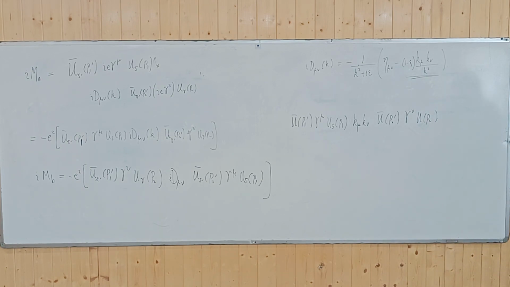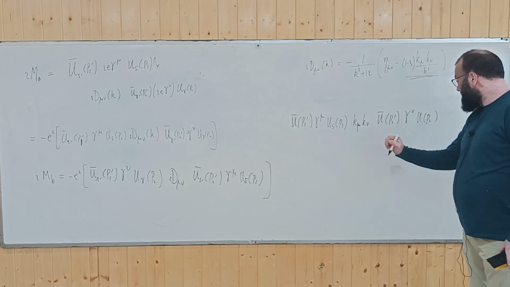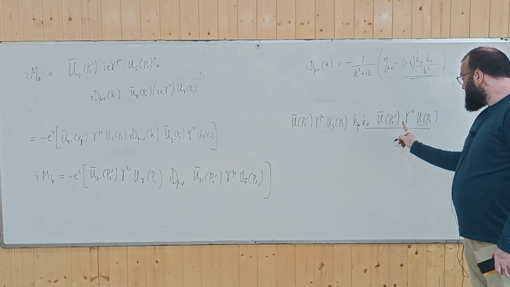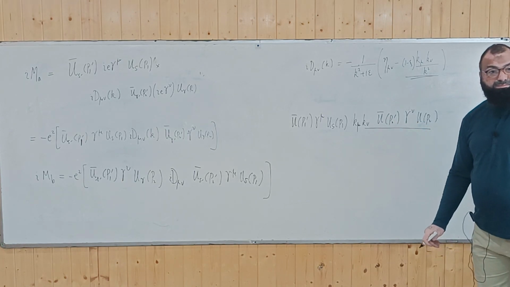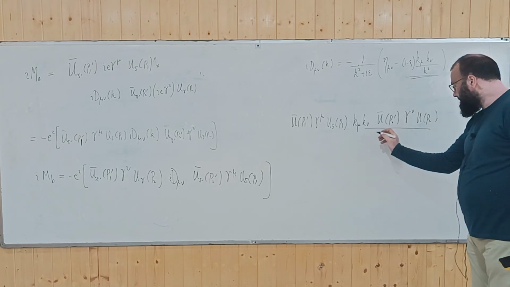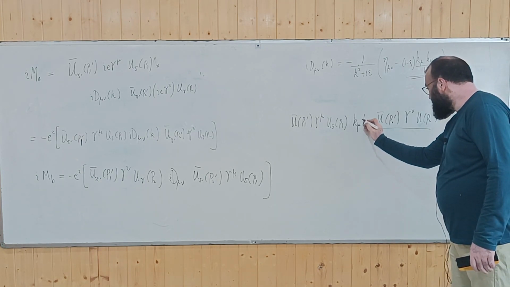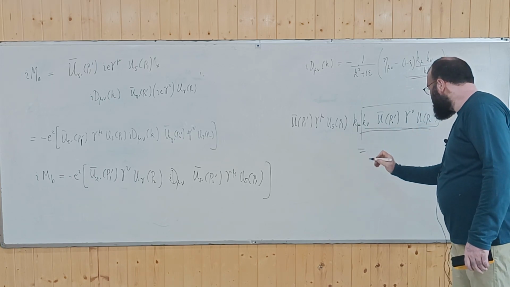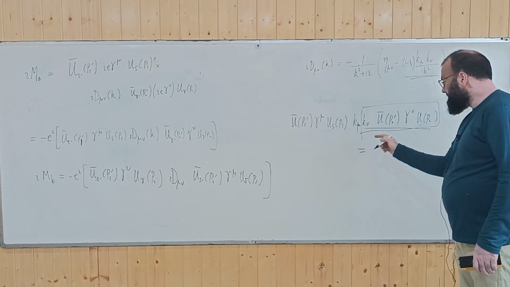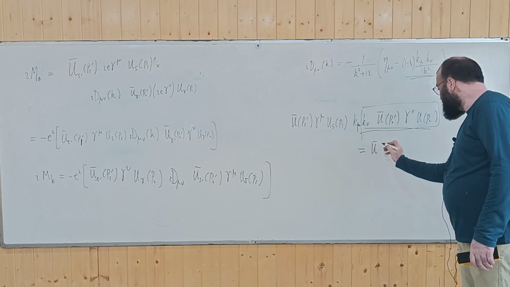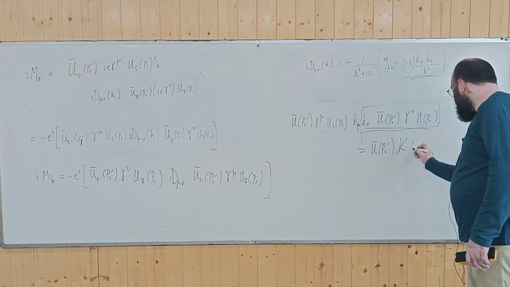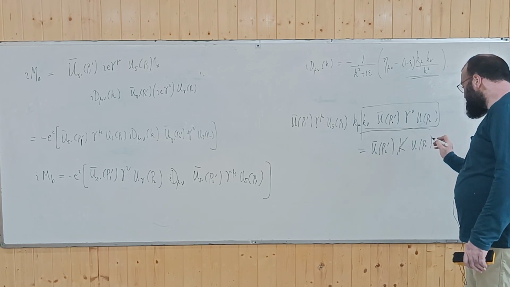Okay, so let's check it. Let's take k nu. What will that be, k nu acting on this thing? So let's take this very object from here. What is that equal to? It will simply be u bar p2 prime, k slash, u p2.